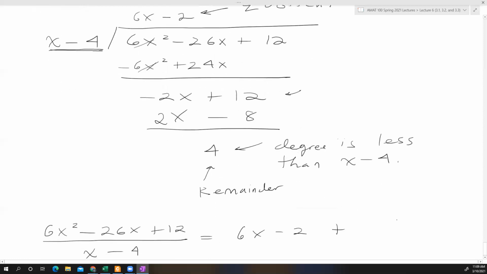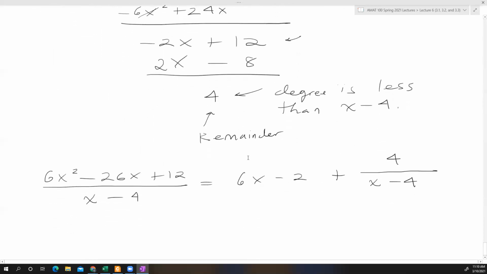And then we have to add the remainder, which is 4, divided by x minus 4. And if you combine these two fractions right here, you should get that the left-hand side equals the right-hand side.